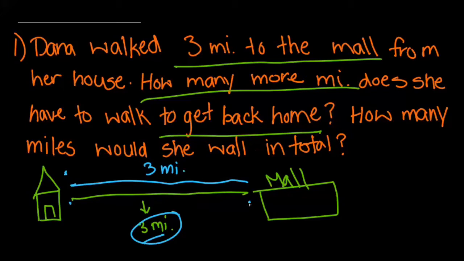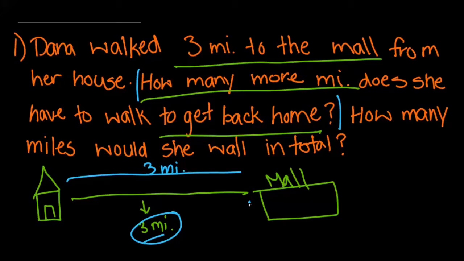So that means we have 2 questions here, if you've noticed. We have how many more miles does she have to walk to get back home? And also how many miles would she walk in total? We answered the first question. It's 3 miles back home. But now it says how many miles would she walk in total?